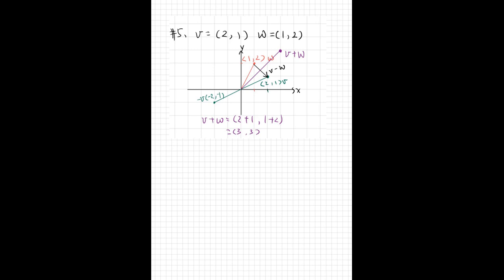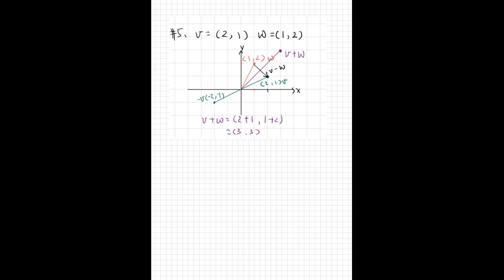Okay. So, I'm presenting section 1.1 and question 5, which is asking to sketch the vectors given the 2 vectors v and w. So I sketched v as a green line, with the point x as 2 and y as 1, and w is the red segment, which is 1 and 2.